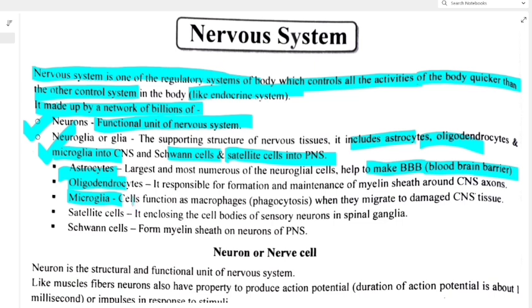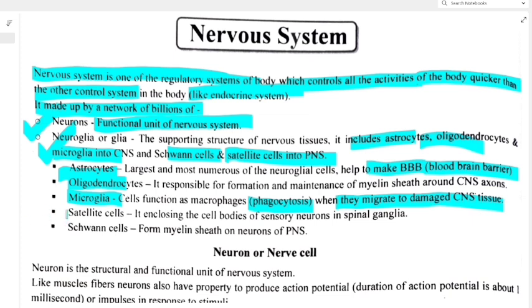These cells function as macrophages which work for phagocytosis when they migrate to damaged CNS tissue. So basically when microglia migrate to damaged CNS tissue, they work as macrophages which help in phagocytosis. Hope it is clear up to this point.